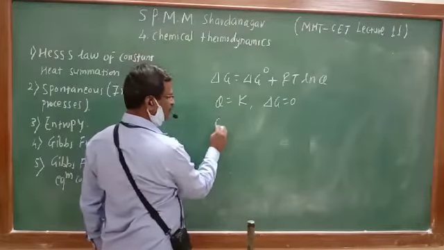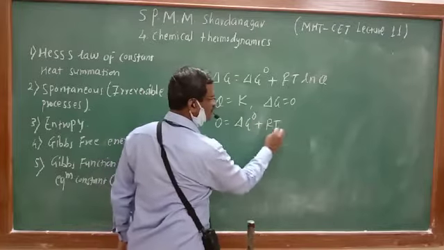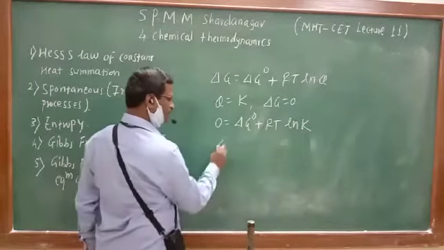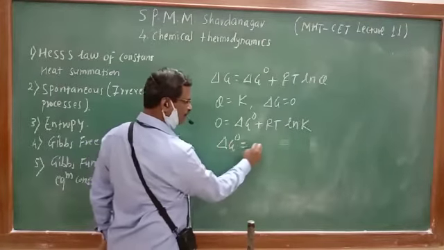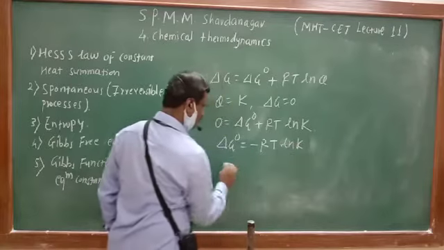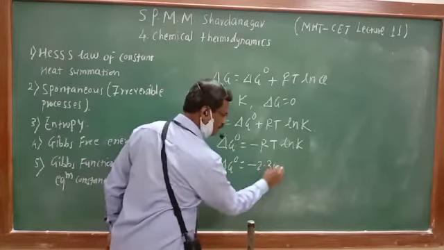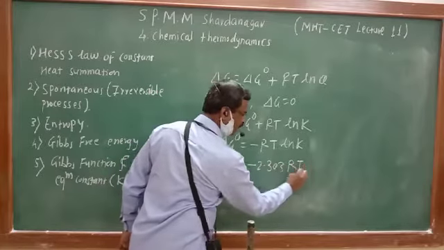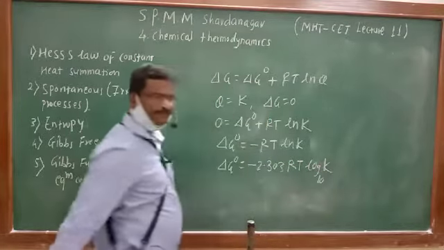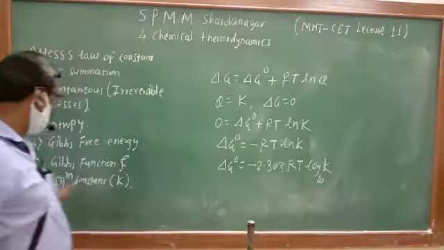Substituting here, 0 is equal to delta G naught plus RT ln K, and from this delta G naught will be equal to minus RT ln K, or delta G naught will be equal to minus 2.303 RT log to the base 10 of K. Using this equation, one can calculate the equilibrium constant.